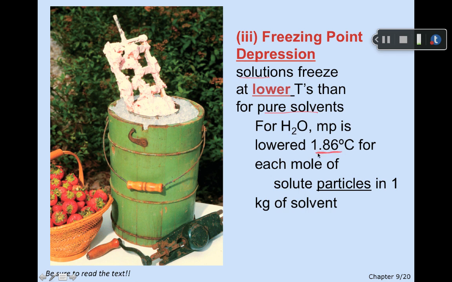In the POGIL book it was shown to be about 1.9, but we weren't using as many sig figs. This is for each mole of solute particles in 1 kilogram, again, 1 kilogram is per liter. And so for aqueous solutions, that's a reasonable approximation. It's not really cheating. And so the freezing point is going to be decreased for every mole of solute particles in a kilogram of solvent.